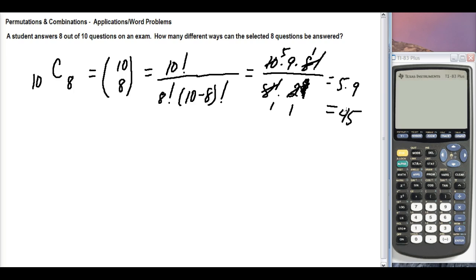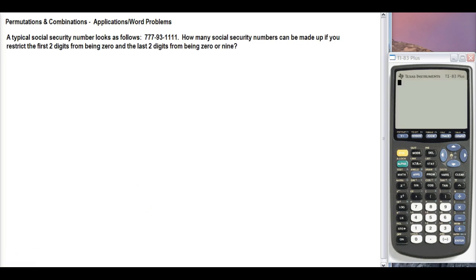Okay. All right, so let's move on to our final example. Okay, so we have a typical Social Security number, and of course we know it's a 9-digit number, and we want to know how many Social Security numbers can be made up if we are restricting the first 2 digits from being a 0 and the last 2 digits from being a 0 or a 9.